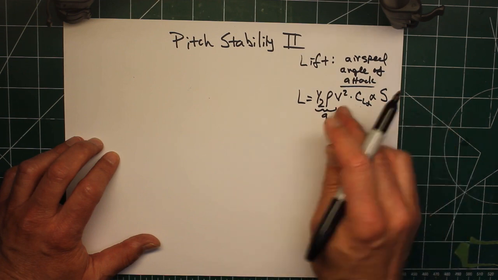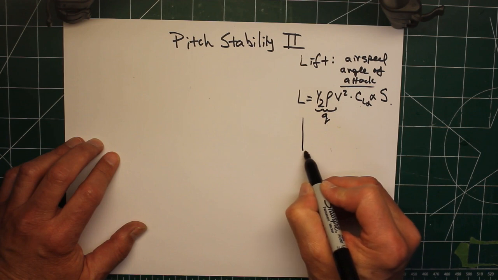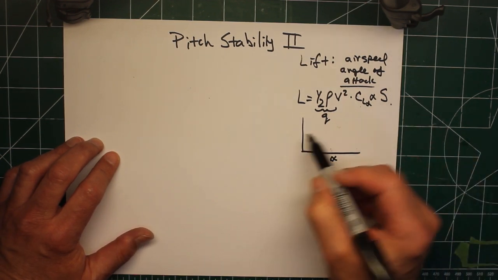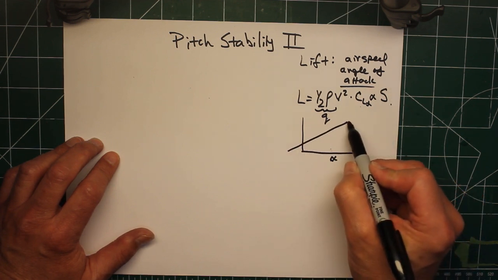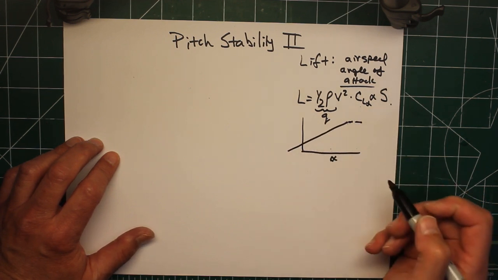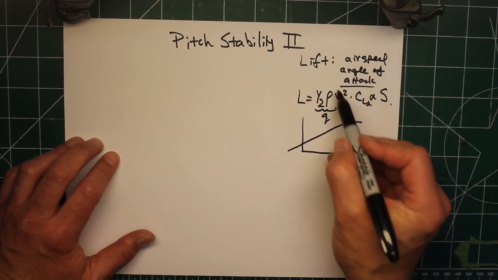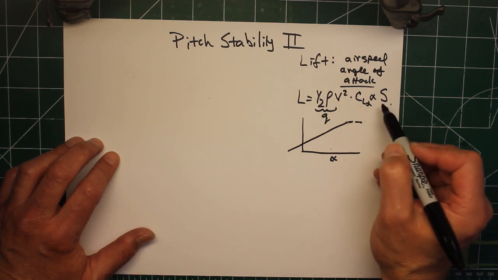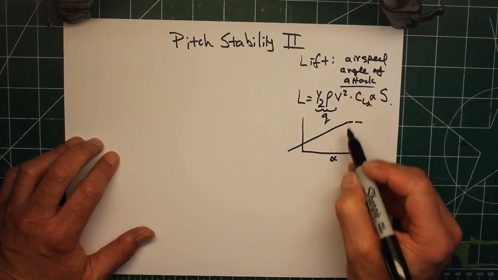If we look at the lift of a wing, we can draw a little graph. The lift of a wing is a straight line up until it stalls as the angle of attack increases. If we pick a single speed, so this number doesn't change, and the area of the wing doesn't change, only the angle of attack, alpha, changes.